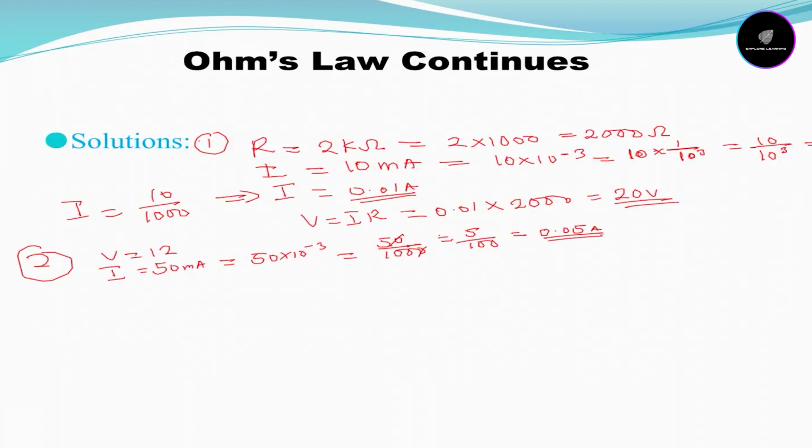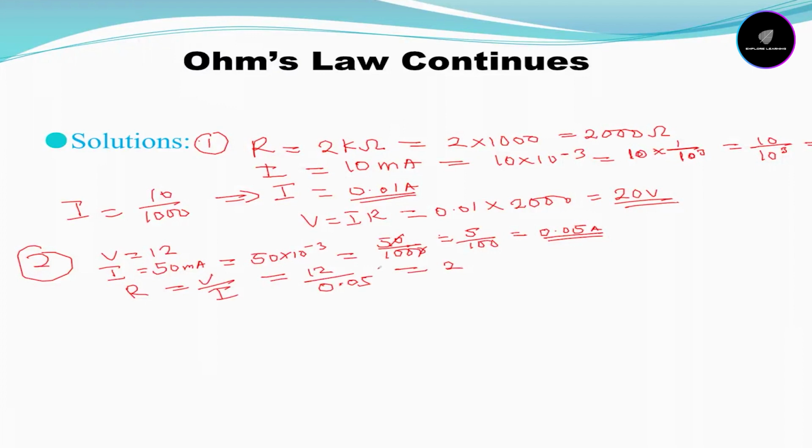Since all we are interested in is to find the resistance, R equals V divided by I. V is 12 and I is 0.05. Now for you to do this without a calculator, all you need to do is to multiply both sides by 100.